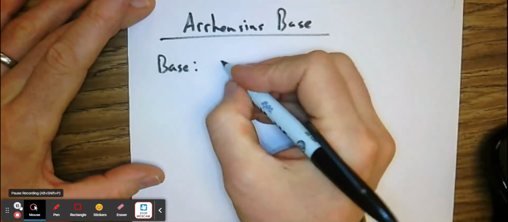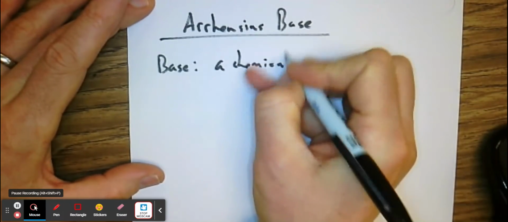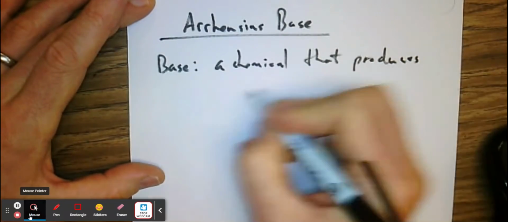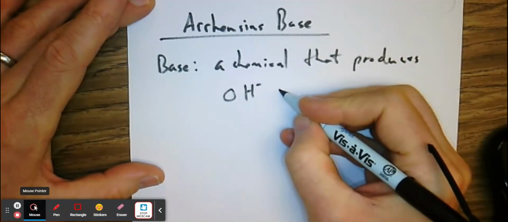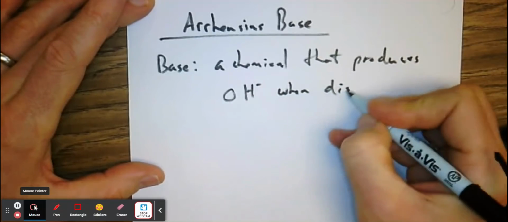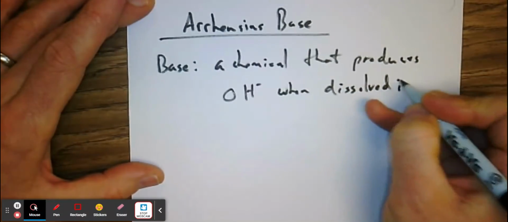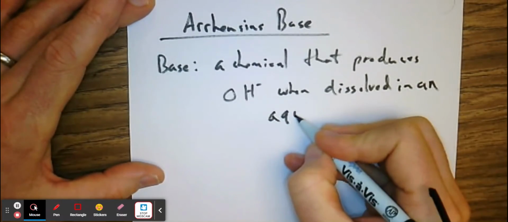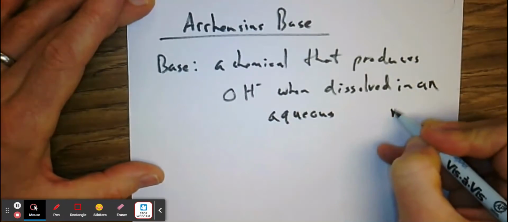Now the base is a chemical that produces OH negative when dissolved in an aqueous solution.